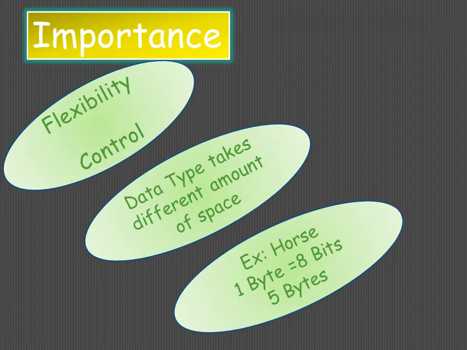So how is the space measured? It is measured in bytes. If we take an example, a word is there, horse. Now this word horse has 5 letters, and 1 byte consists of 8 bits. So this complete word takes 5 bytes of space in your system.